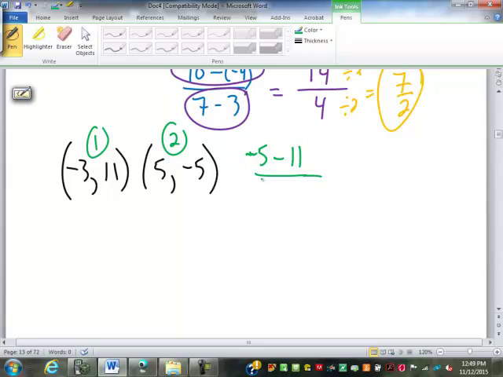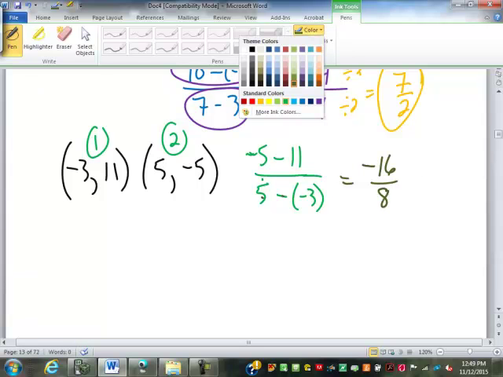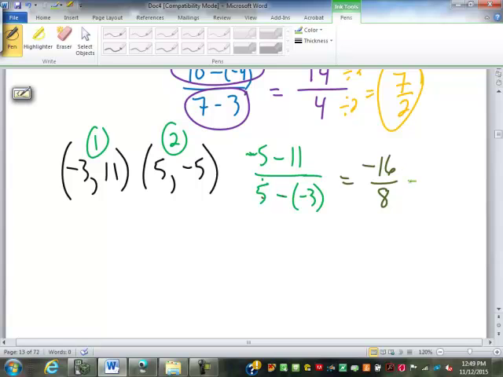On bottom, the first number is going to be x2, which is 5 minus x1, -3. So it's -5 minus 11, which is -16. 5 minus a -3 is +8. So that is a -2 slope. What do you think?